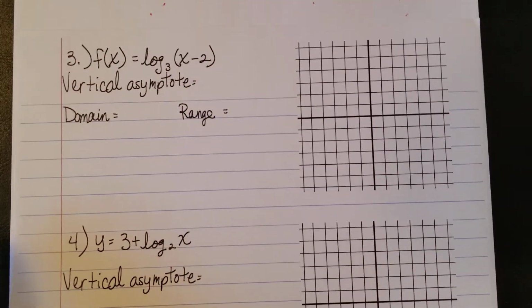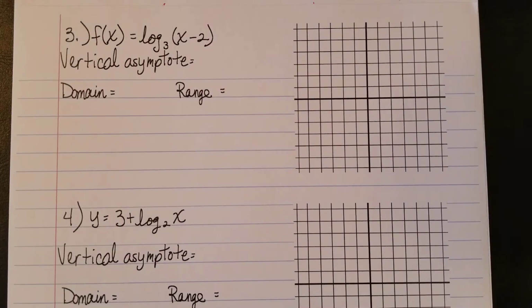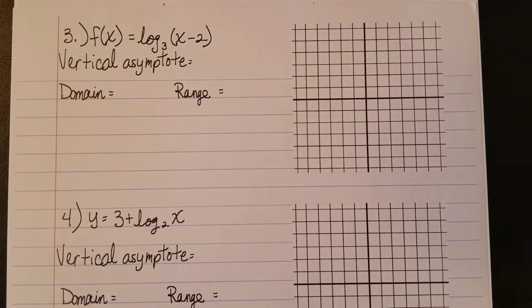Number 3. Log base 3 of x minus 2. So this is a horizontal shift. We have to recall what we did in chapter 2. That minus 2 is going to shift the function 2 units to the right.